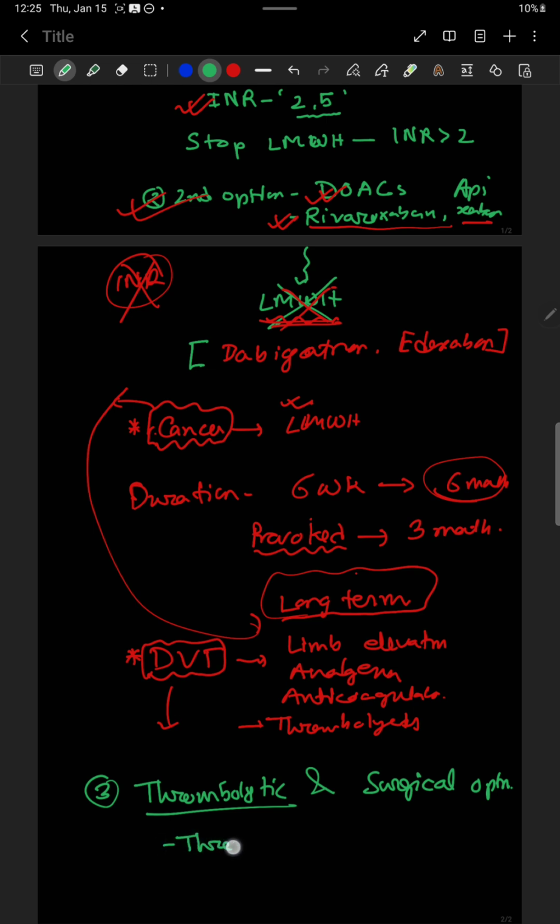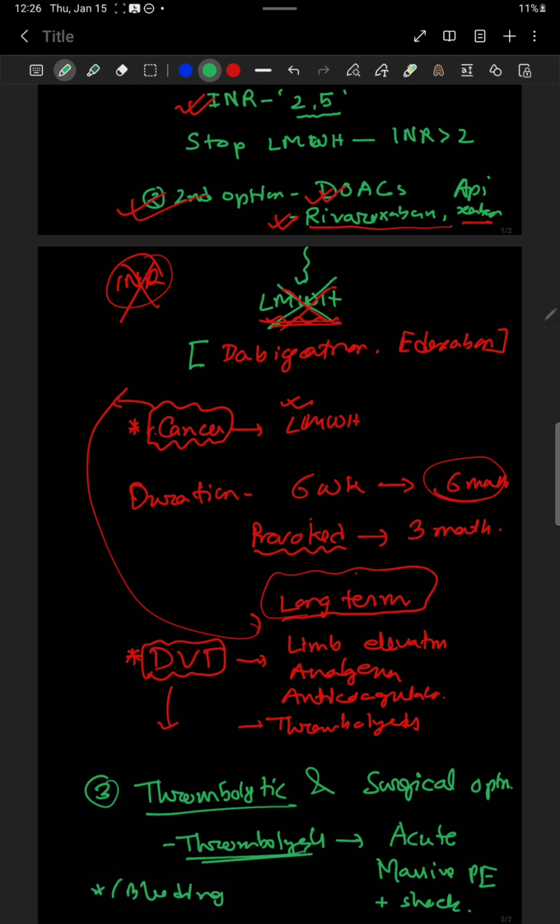You can do thrombolysis if you see the patient has acute massive PE and the patient is in shock, you can go for thrombolysis directly. Okay, now here just keep in mind bleeding; if there is any contraindication, bleeding screening is necessary, otherwise the patient may suffer from a high risk of intracranial hemorrhage.